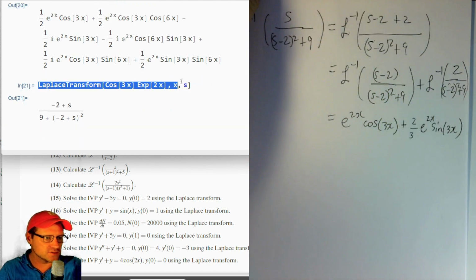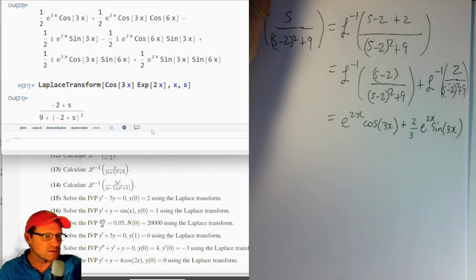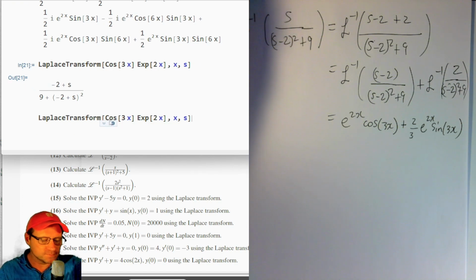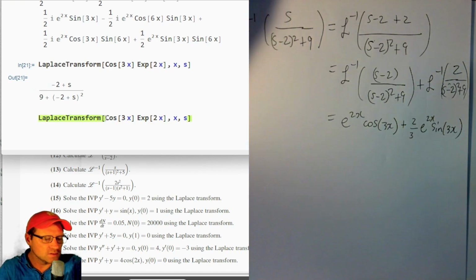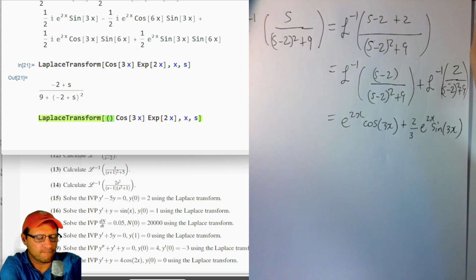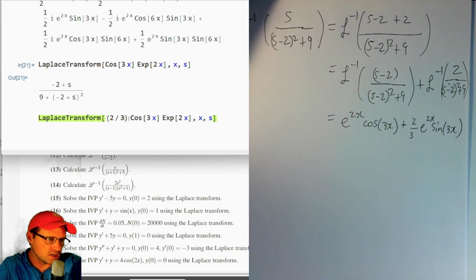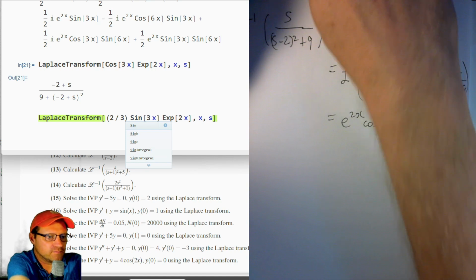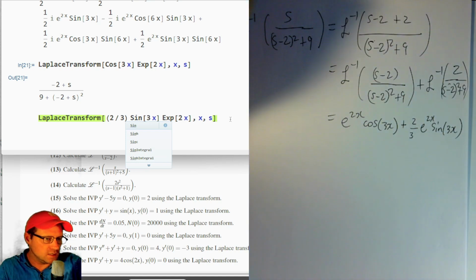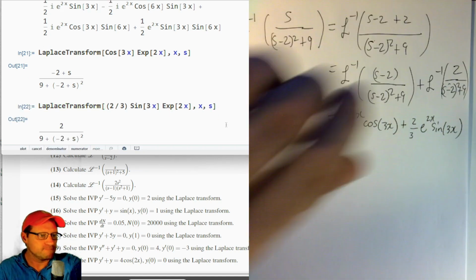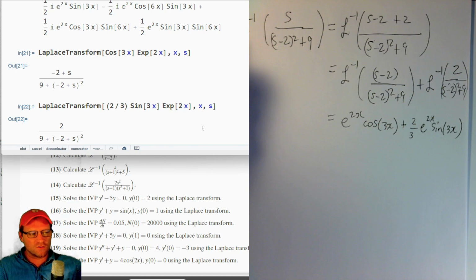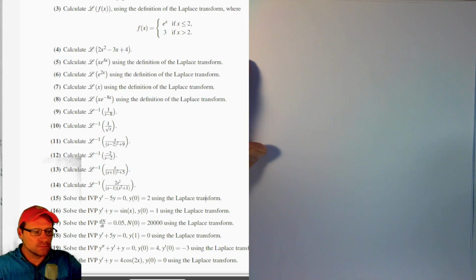Okay, so now let's do the same thing for 2/3 sine of 3x e to the 2x. Okay, so we get 2 over s minus 2 squared and then plus 9.